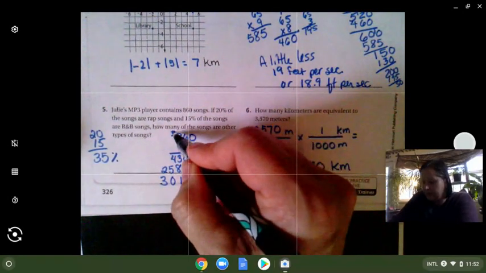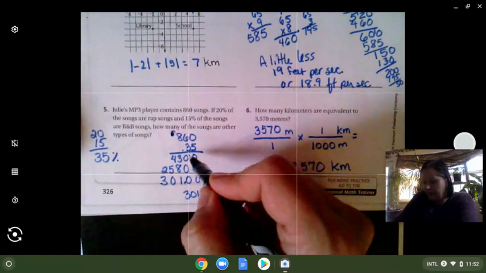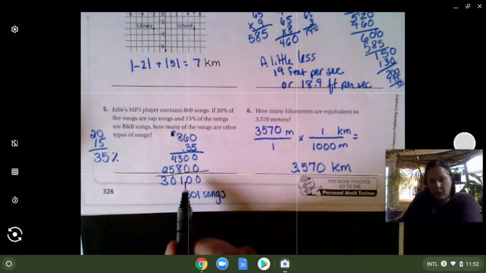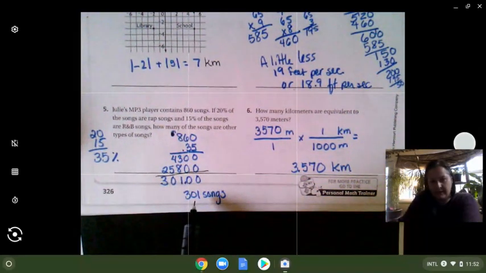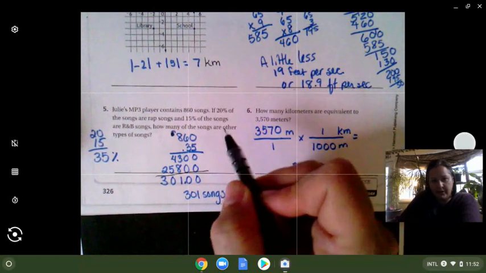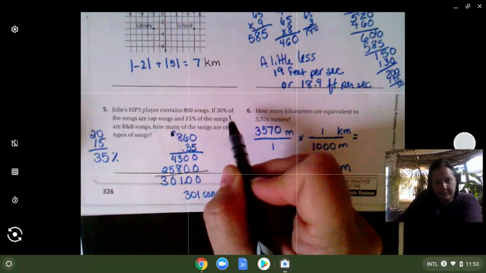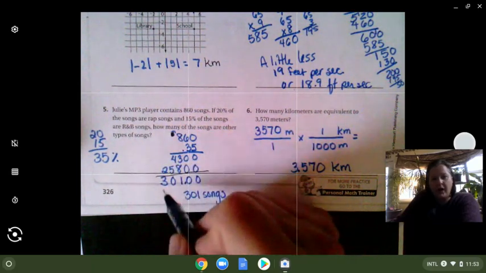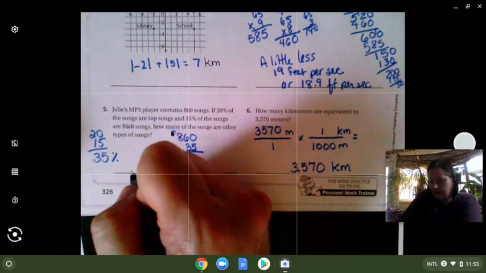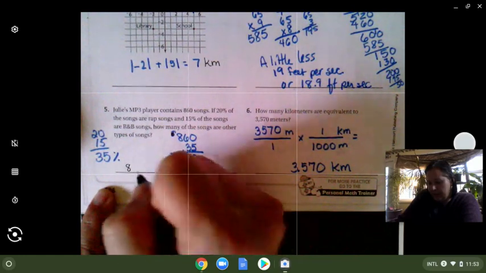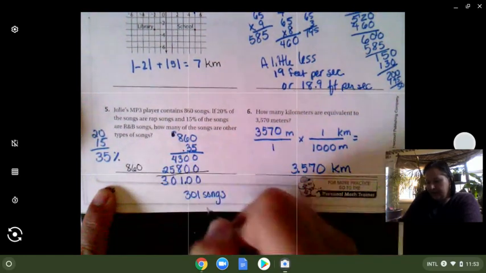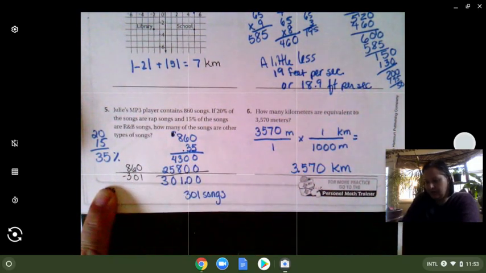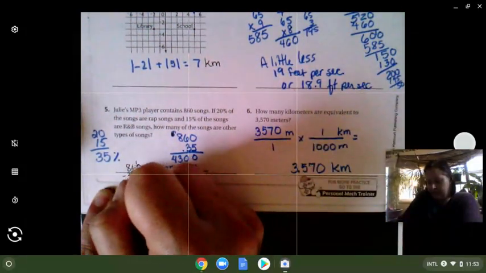So this was carrying my 3 here. When I multiply this all out, I get 301 songs. 301 songs are going to be the rap songs and the R&B songs, but we want to know what other types of songs. So we take what we started with, 860, subtract the 301 songs, and I subtract.